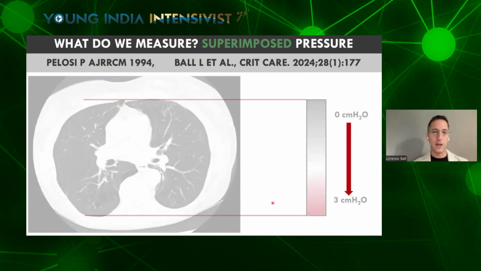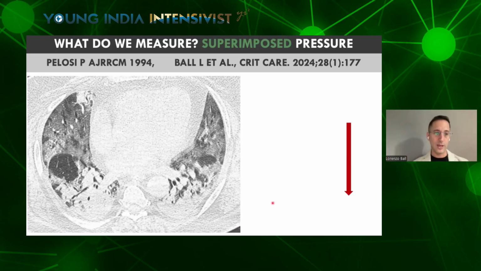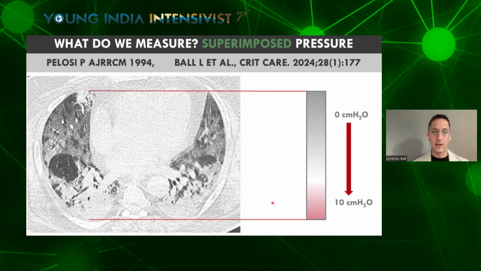But things change a lot when we think about superimposed pressure in patients with ARDS or in general pneumonia or any disease involving the lungs, because the size of the chest more or less remains the same. It probably becomes a bit smaller because of the hypoinflation of the lungs, but the tissue becomes much heavier because of edema, because of inflammatory cells, and in some cases also because of vascular congestion.